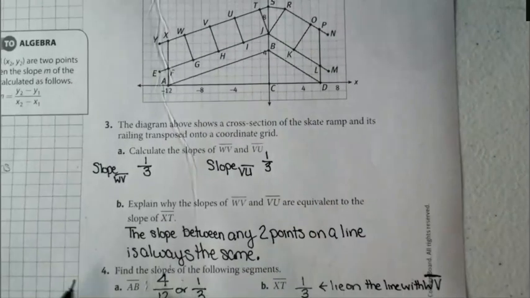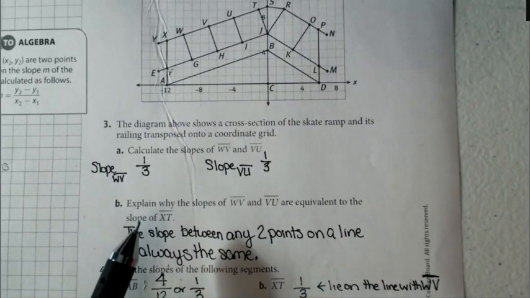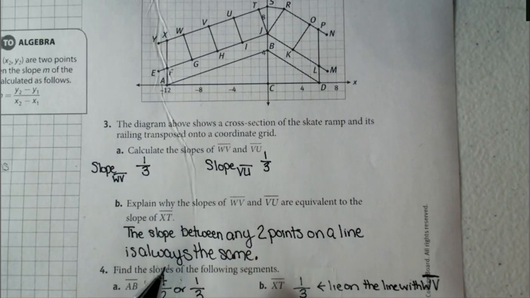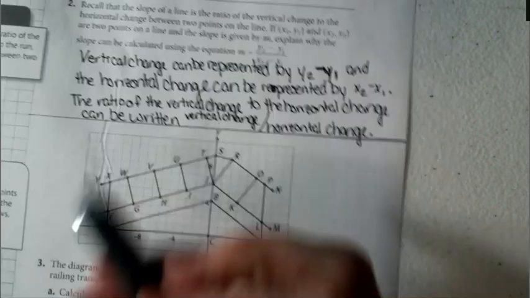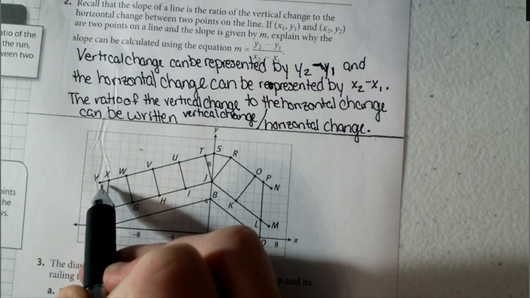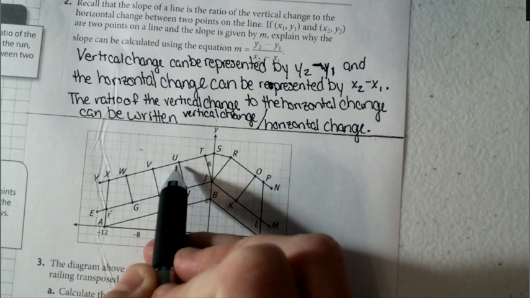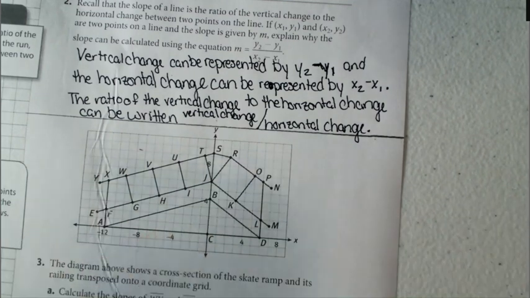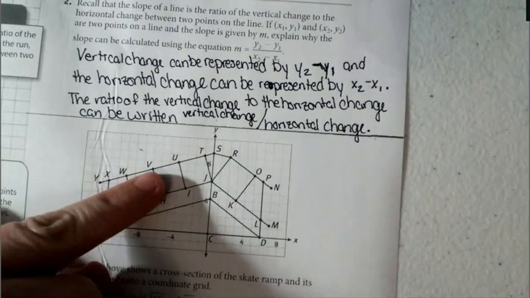Now, it says, explain why these slopes are equivalent to that of XT. Now, notice what happens. X, W, V, U, T, and S all lie on this same line.